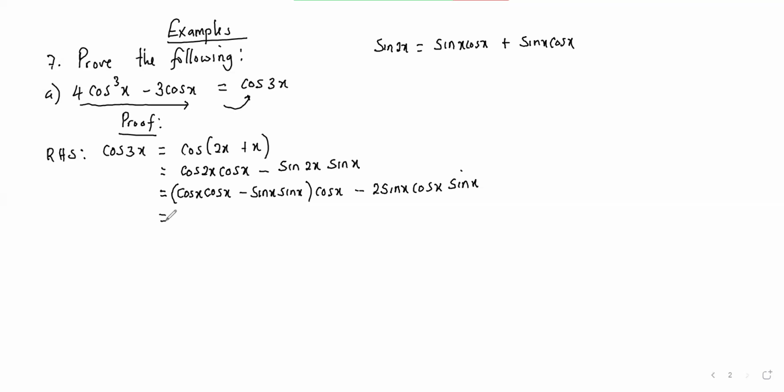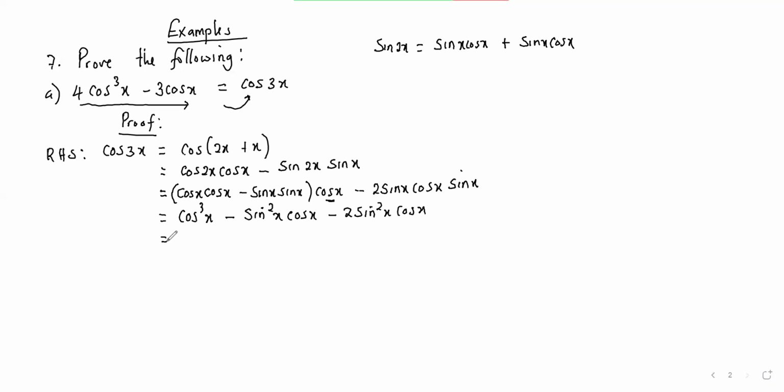So this guy is cos squared, so it's going to be cos cubed x because you're multiplying by this, minus sine squared x cos x, minus 2 sine squared x cos x. And then from there, we change this guy.